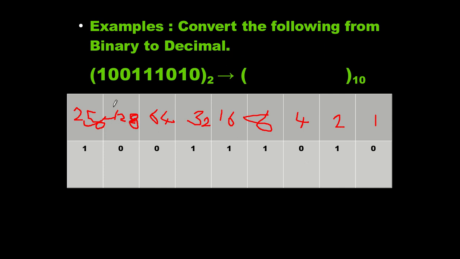I'm going to use the pen for mine. So I'm not going to add this, not this one, because they have values of zeros.